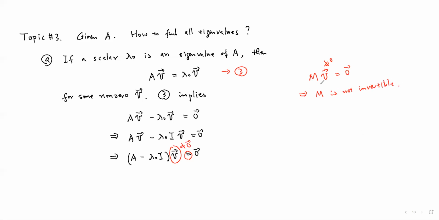Why? If M is invertible, then I can move it to the right side. How to move M to the right side? Multiply M inverse. Then M inverse times M is I. Matrix M inverse times 0 vector is 0 vector.